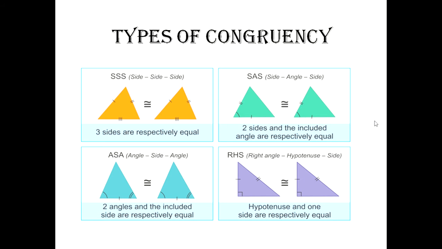So now we will move on to the types of congruency. There are basically four types of congruency. The first one is side congruency. In case of side congruency, let us look at the two yellow figures. The first side is marked with a single stroke in both of the figures, which means that this side is equal to this side. Also this side is equal to this side because they both are marked with a double stroke.